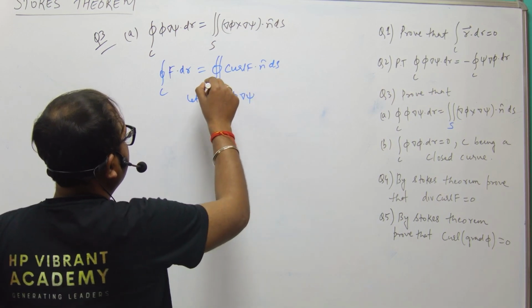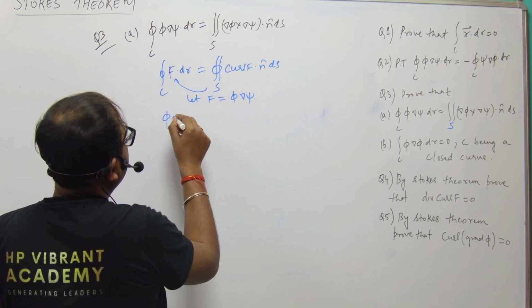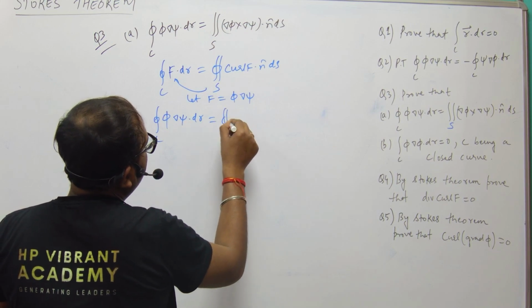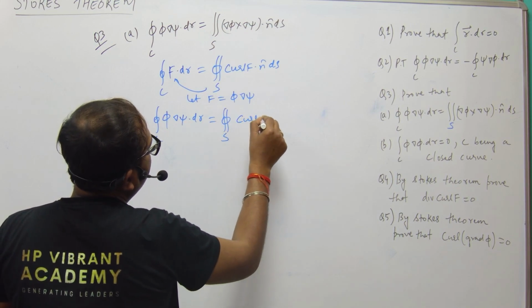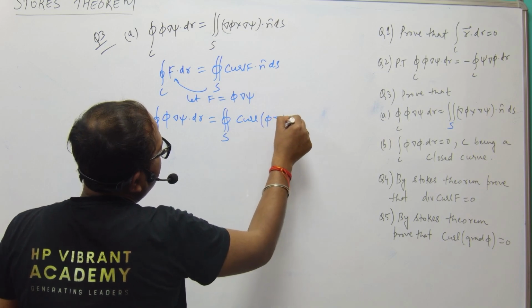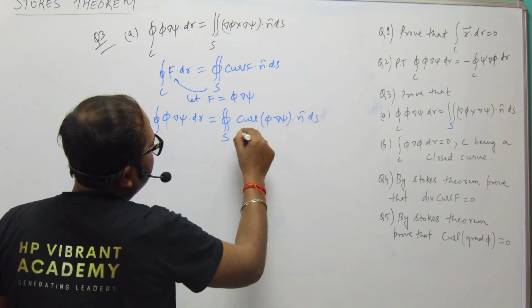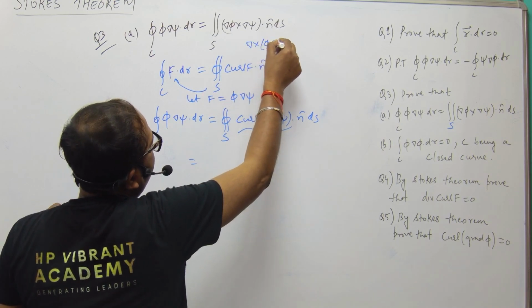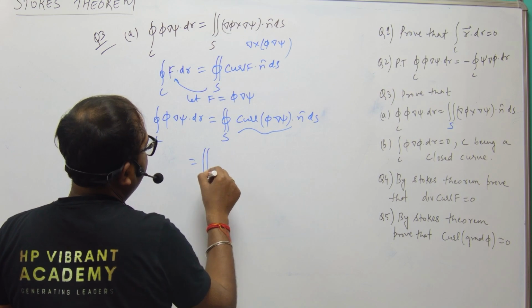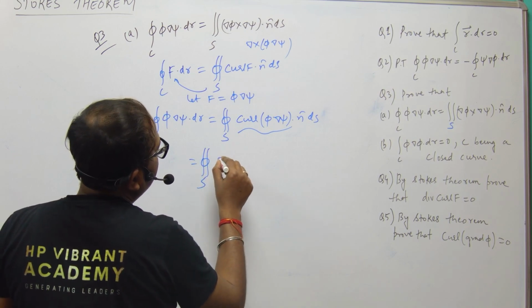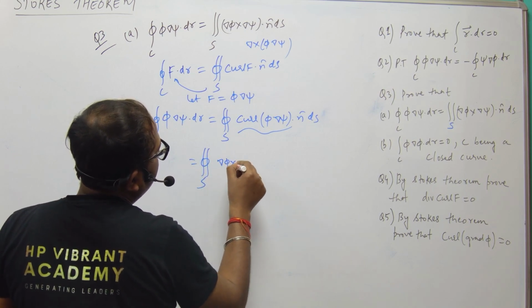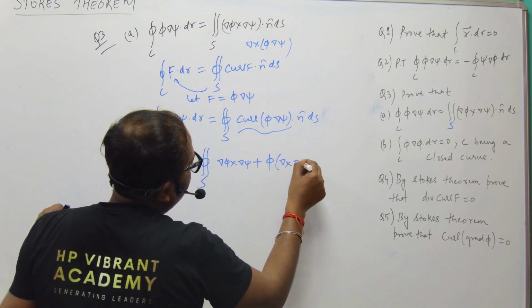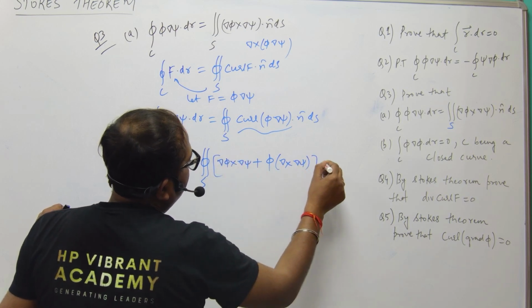Let us place the value here. This is equal to the integral of phi del psi dot dr along the curve C, which is equal to the surface integral along the surface S of curl of phi times del psi dot n cap dS. Let us expand this curl of phi times del psi. This is equal to the surface integral of del phi cross del psi plus phi times del cross del psi dot n cap dS.